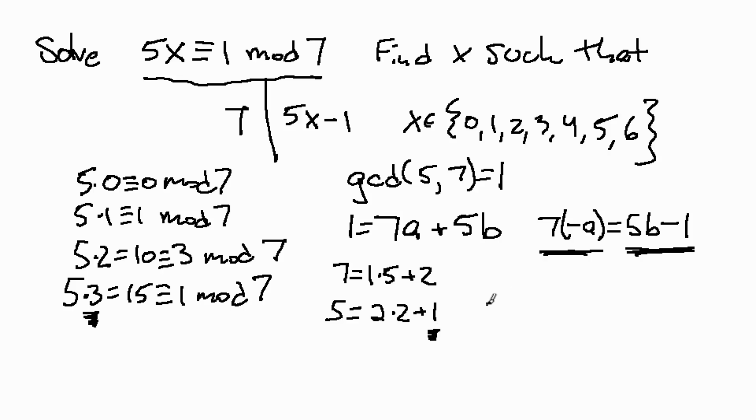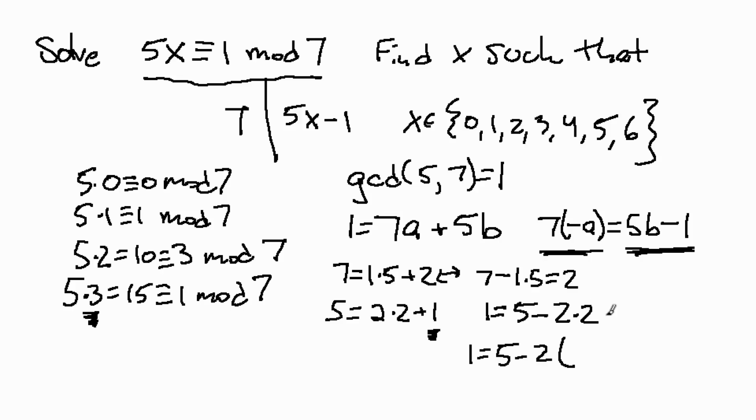And if I come over here, I get that 1 is equal to 5 minus 2 times 2. And now if I come over here, this tells me that 7 minus 1 times 5 is equal to 2. So I'll substitute that expression in here, and I get 1 is equal to 5 minus 2 times (7 minus 1 times 5).